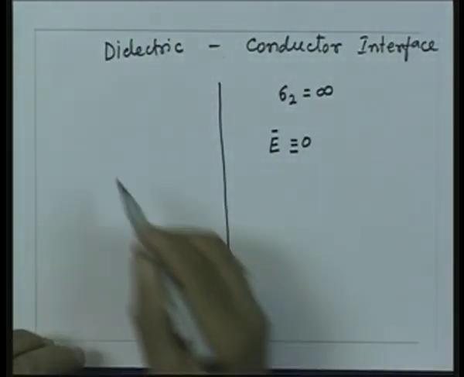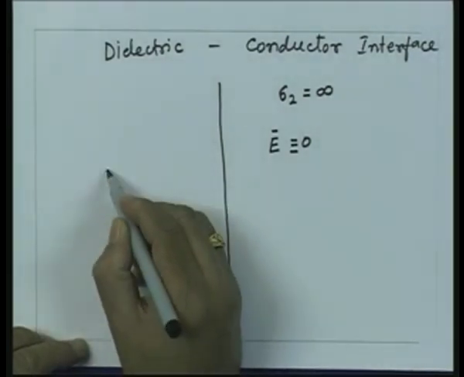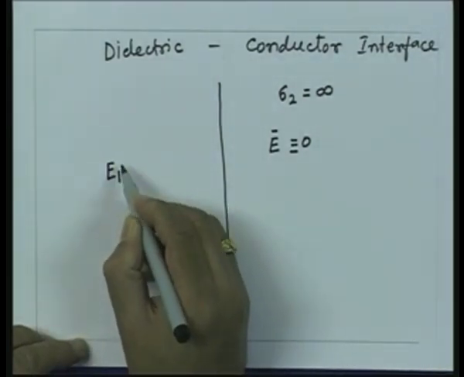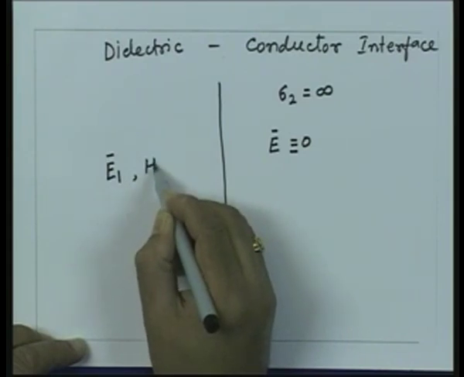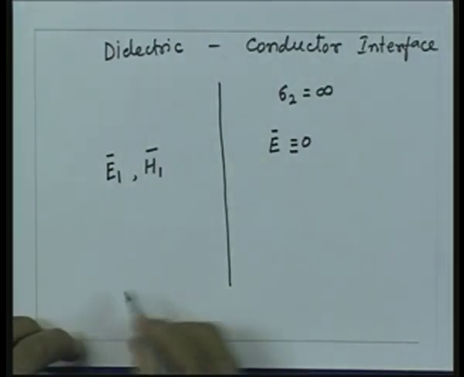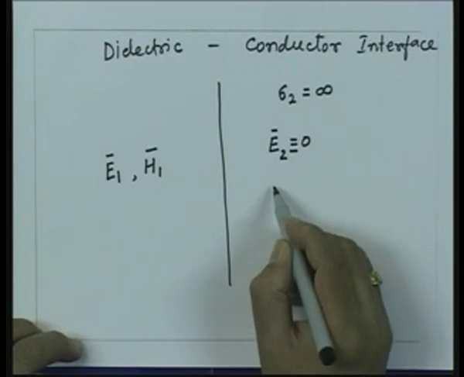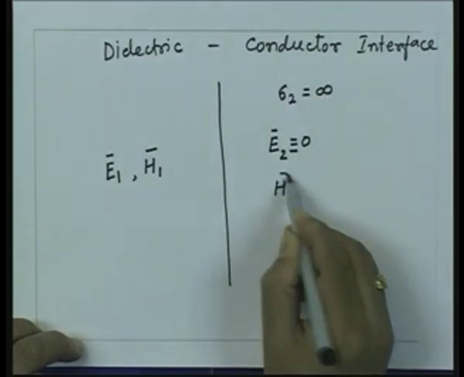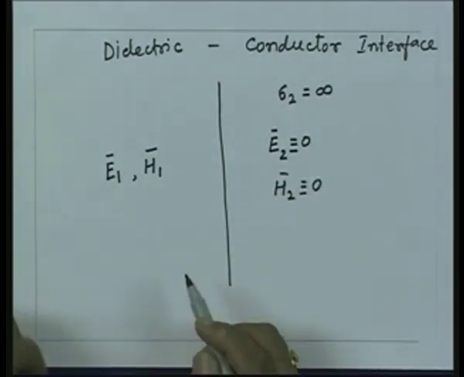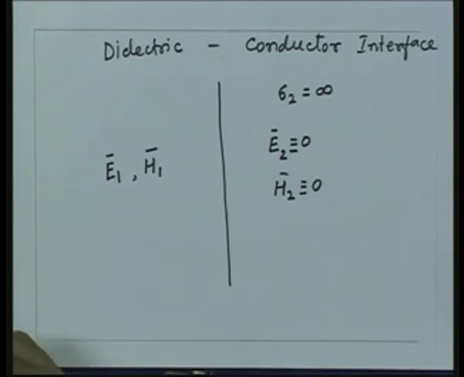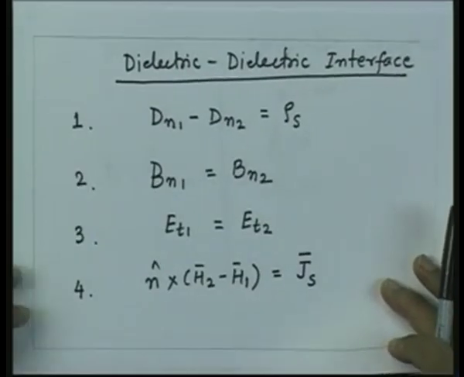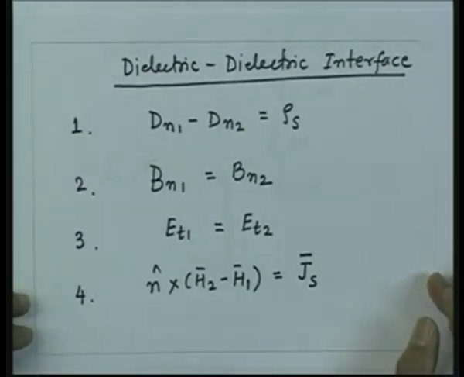So, now I have a situation where I have the electric field E1 and the magnetic field H1, and the electric field E2 is 0, the magnetic field H2 is also 0 for time varying fields. Then I can go back and apply the boundary conditions which I got in general.